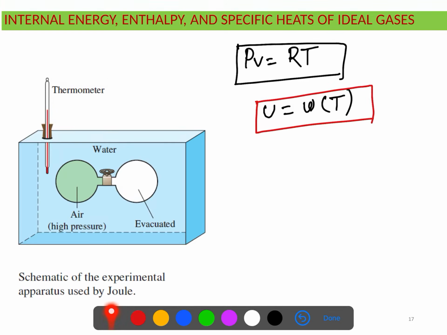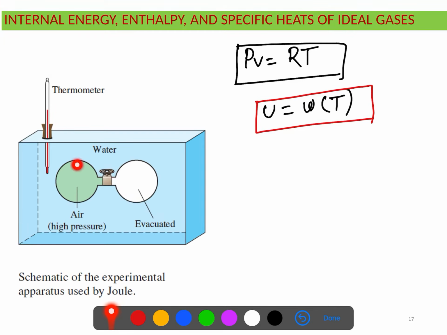So how did he do this experiment? He took a chamber filled with water, and submerged two tanks in it, the first tank and the second tank. He connected these two tanks using a pipe with a valve.